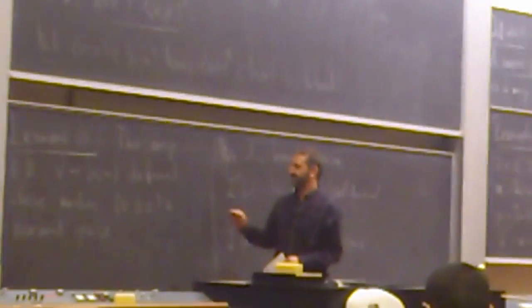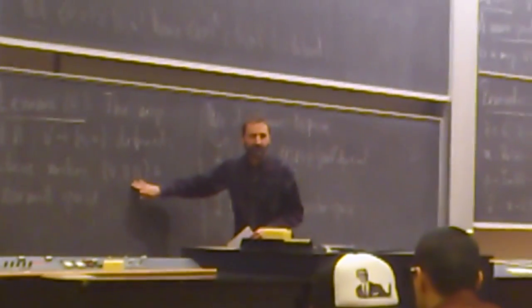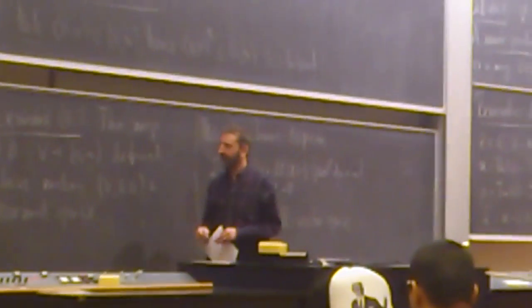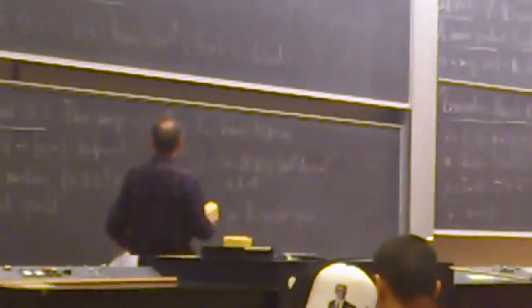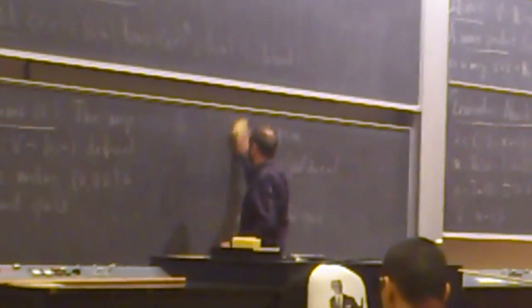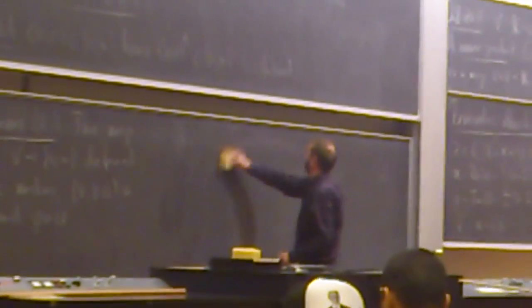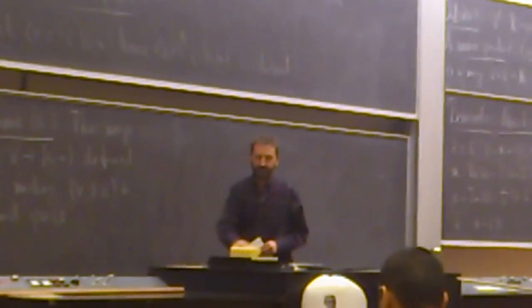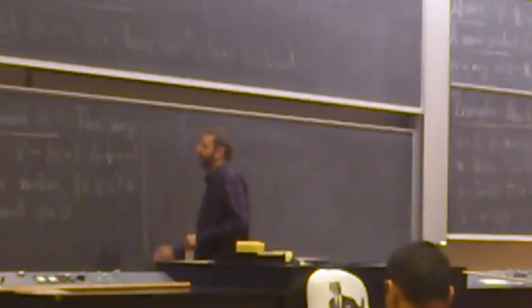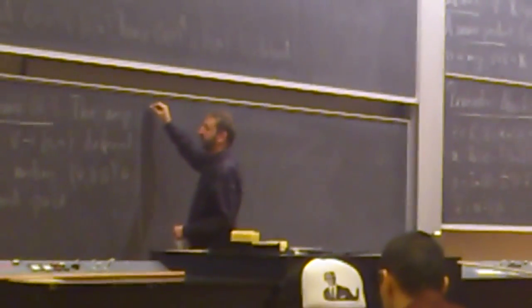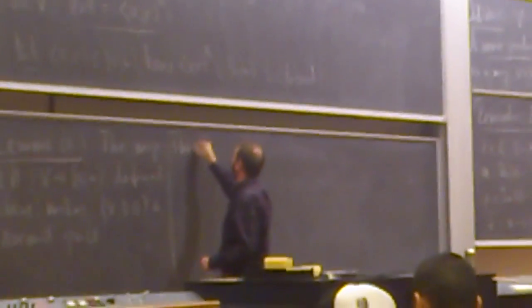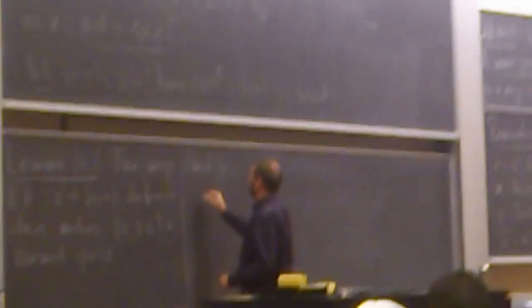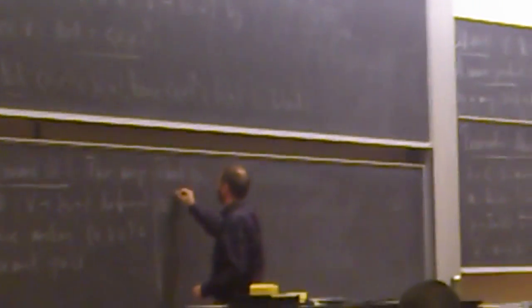Well, it means that this is a norm. And what does it mean that this is a norm? That means that there are some axioms which are satisfied, and let us write them down. That is, the following are satisfied.